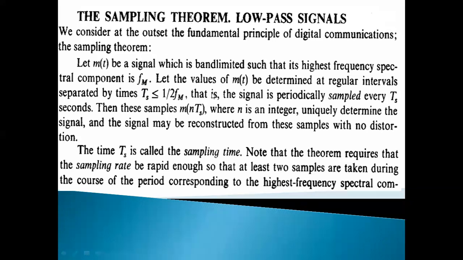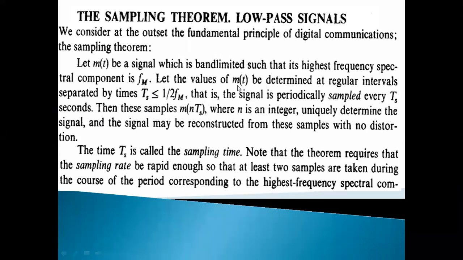Let the values of M of t be determined at regular intervals of time, and that time Ts, the sampling time, should be less than or equal to 1 by 2 fM.